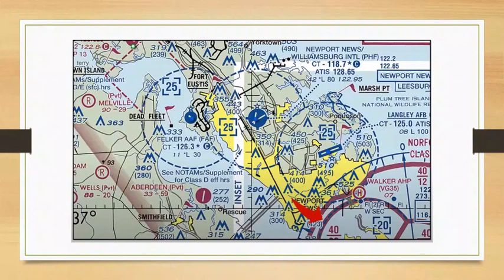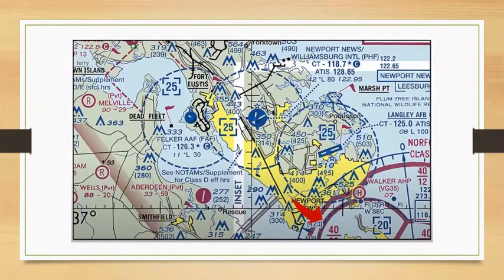So that particular airspace runs from the surface up to 1,999 feet MSL. And we'll review in greater detail how Class D works in conjunction with Class C airspace. But it's sitting within that, and because of that, I wanted to point it out.